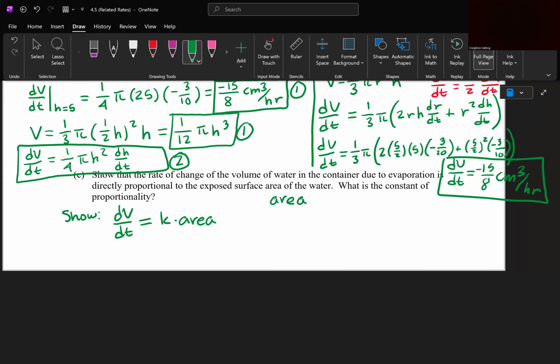If you look at the picture, you could think about how, oh look, the exposed surface area is a circle. So the area is going to be the area of a circle. So ultimately, we want to show that dV/dt equals k times the area of a circle. We want that pi r squared at the end. Let's see if we can make this happen.